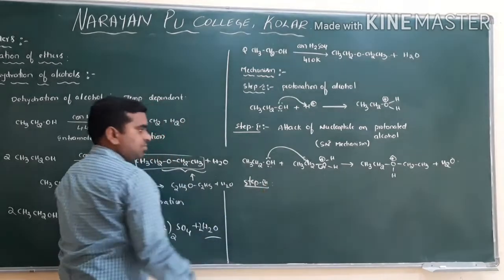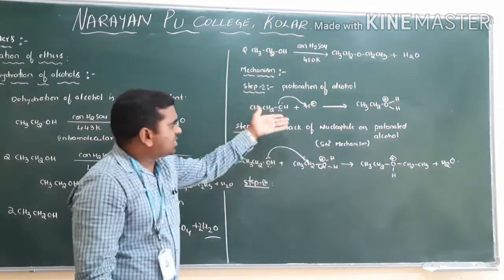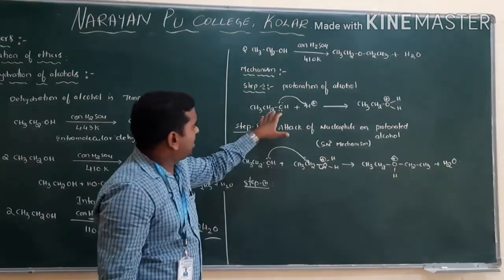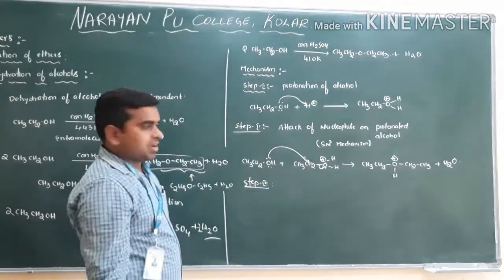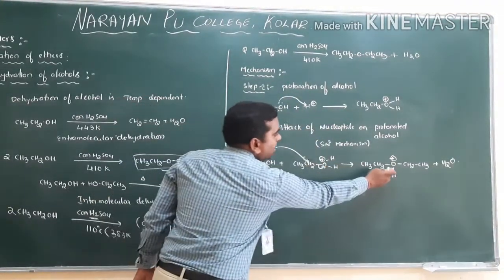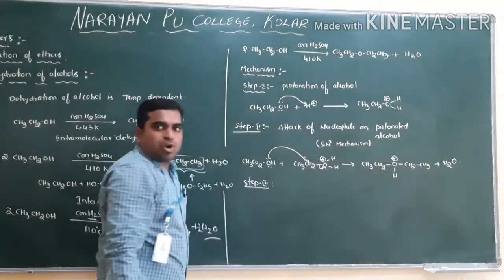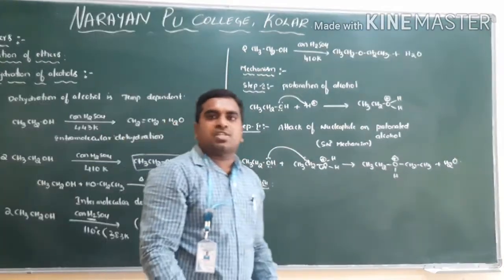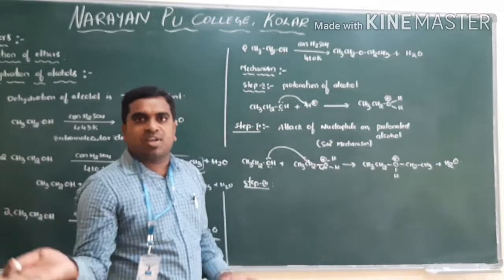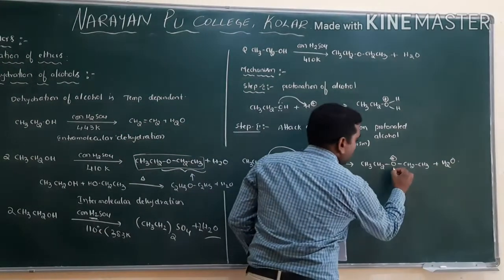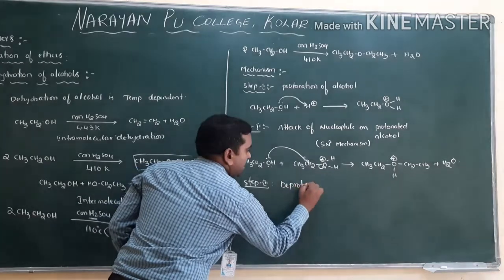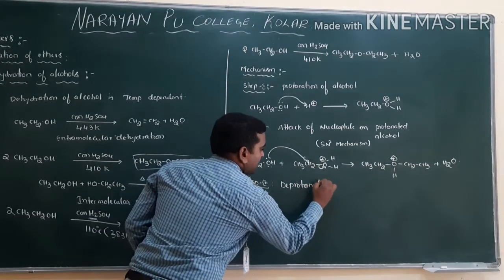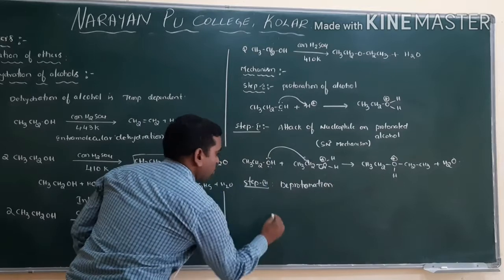This is a common step. The first step we discussed previously is almost equal to the dehydration of alcohols. And step 3, what will happen? Here on the oxygen there is a positive charge. If there is a positive charge on the oxygen, it is very unstable, so it gains electrons from nearby. Deprotonation. The next step is deprotonation.